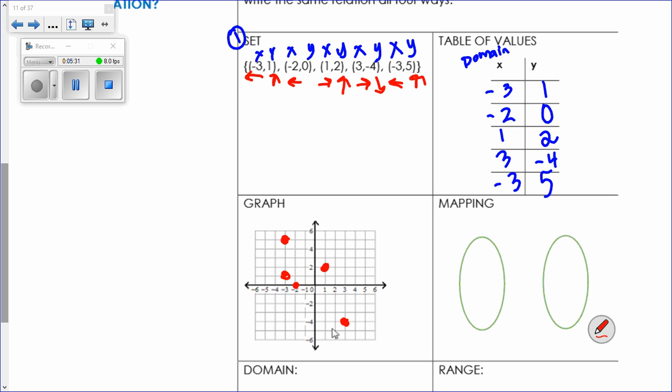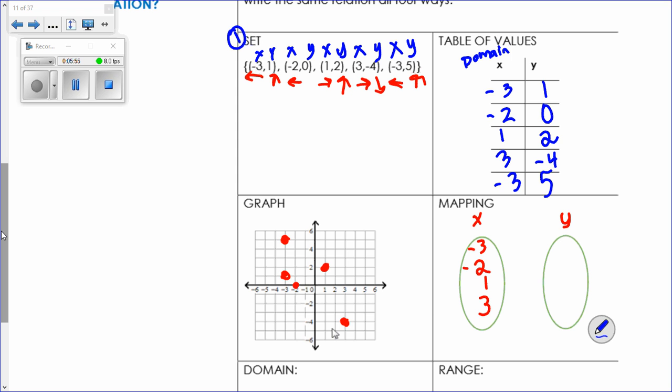Now when you're mapping, you don't have to write repeating values. That just means they map in 2 directions. So your x's and then your y's. So -3, -2, 1, 3, and we don't have to put that last -3. I'll show you why.